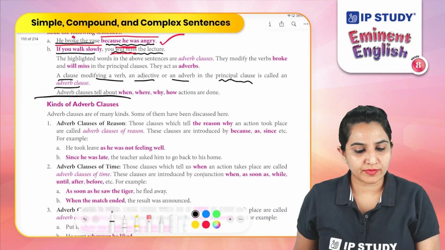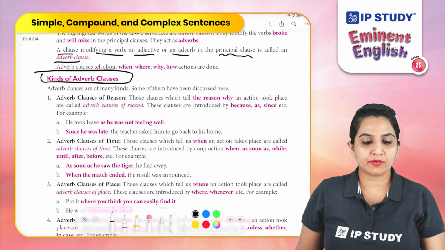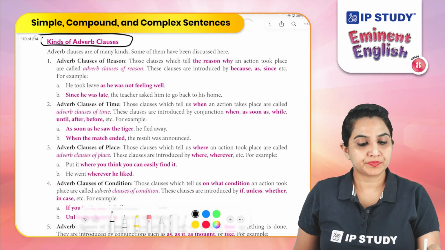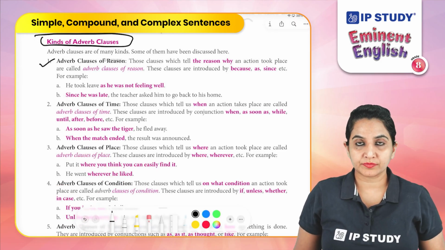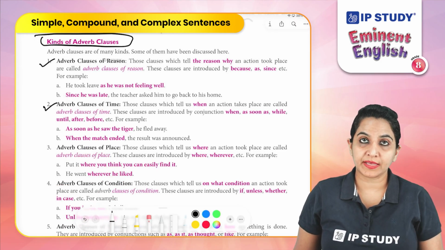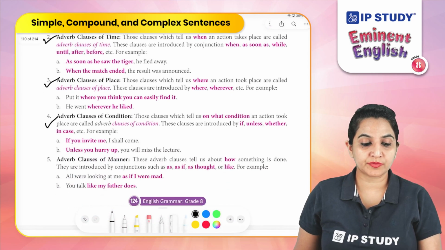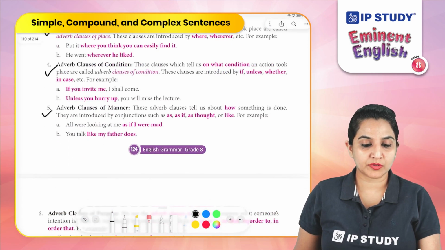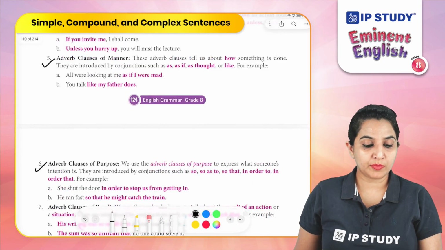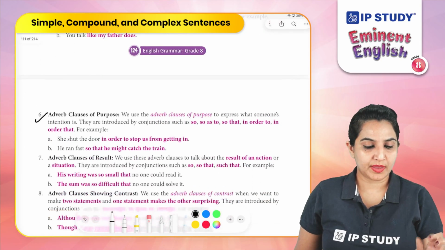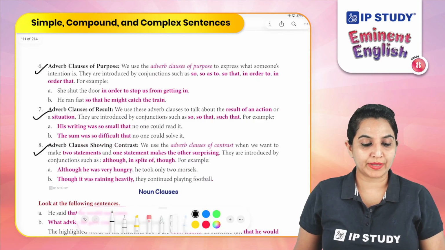There are kinds of adverb clauses. Adverb clauses are adverb clauses of reason, adverb clauses of time, adverb clauses of place, adverb clauses of condition, adverb clauses of manner, adverb clauses of purpose, adverb clauses of result, adverb clauses showing contrast.